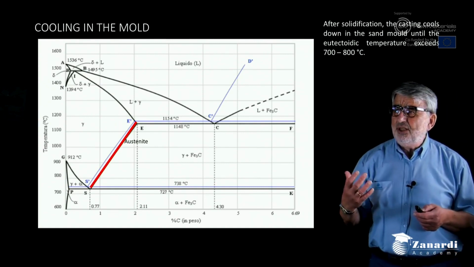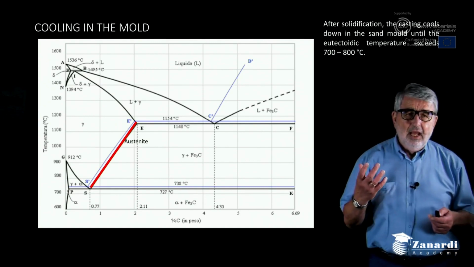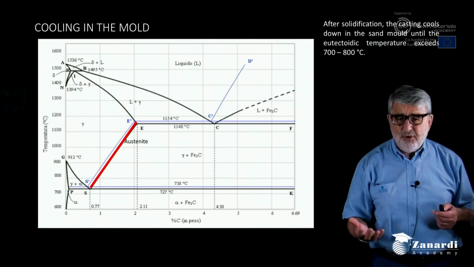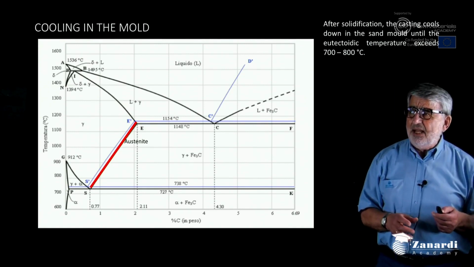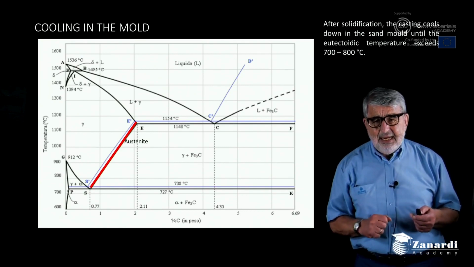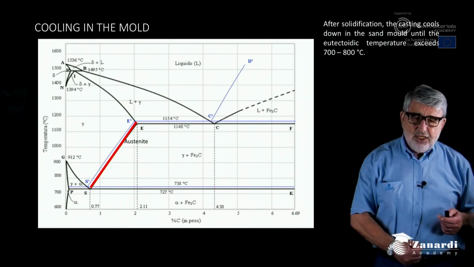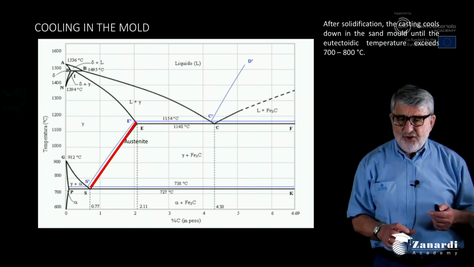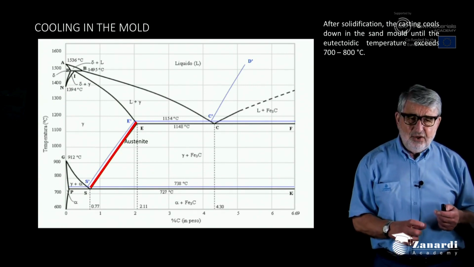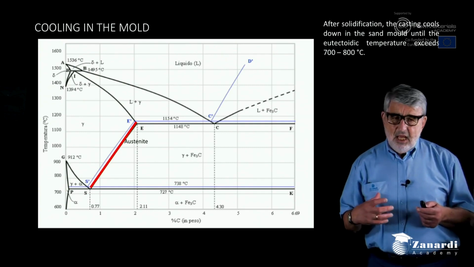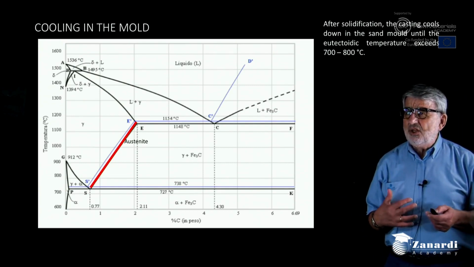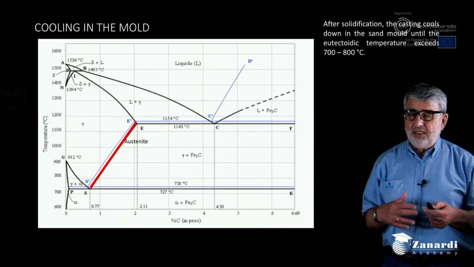The transformation that you see on the red line means that the carbon solubility in the austenite is decreasing, and the excess carbon is migrating to the spheroids and enlarging a little bit the spheroid diameter. And this happens up to the so-called eutectoidic temperature.